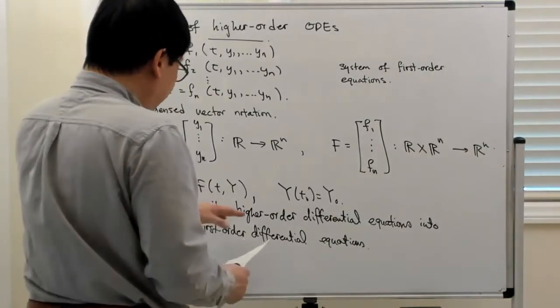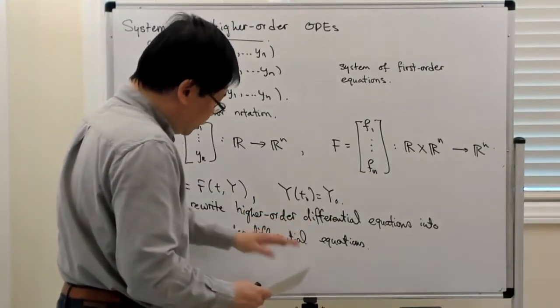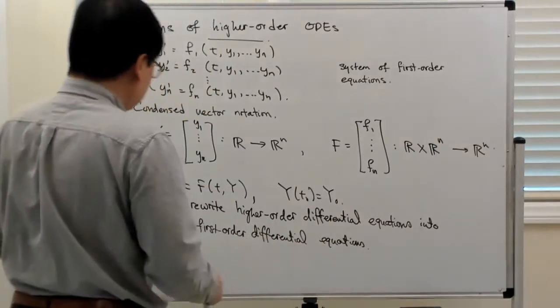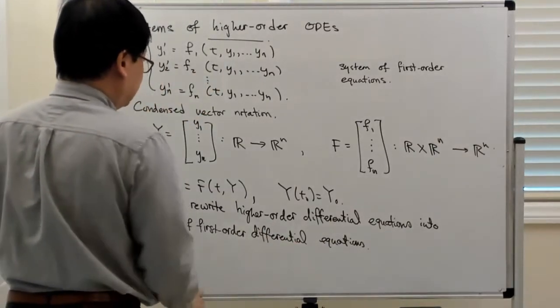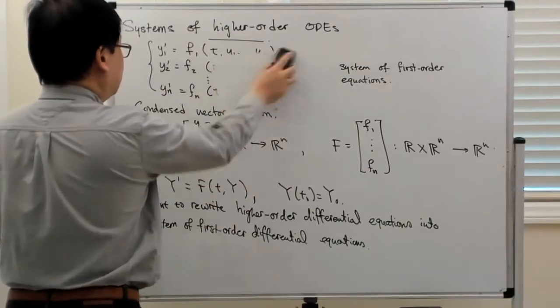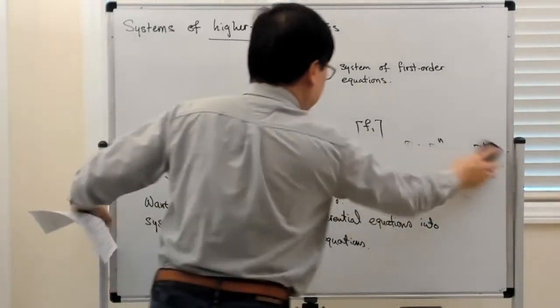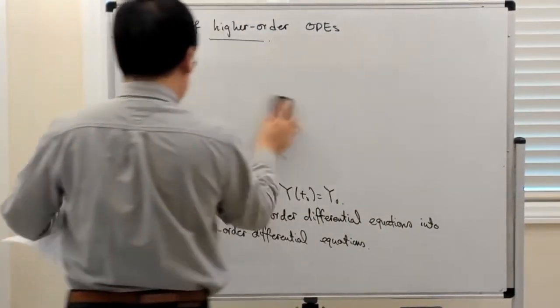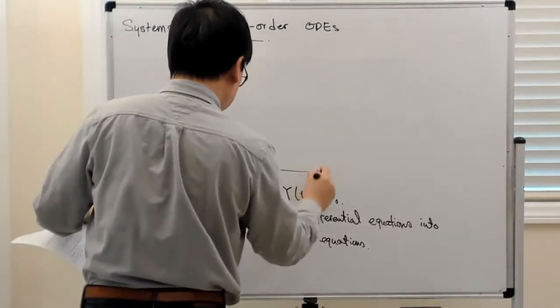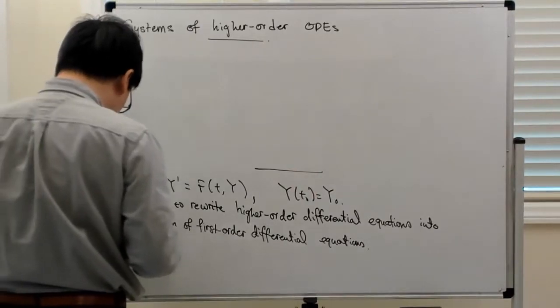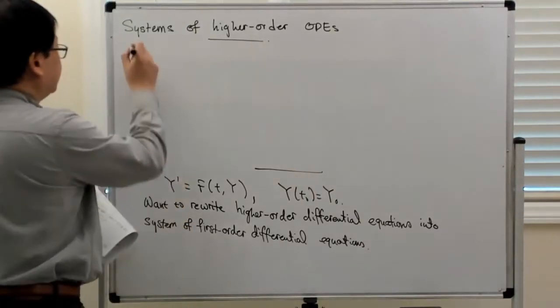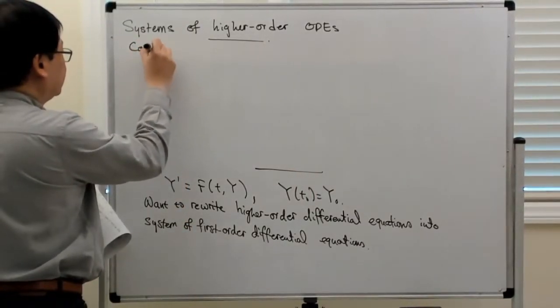So what do I mean by rewriting a higher order differential equation into a system of first order equations? So let's see what's happening here. Okay, so I'm going to just erase this. Okay, so let's consider a higher order differential equation.